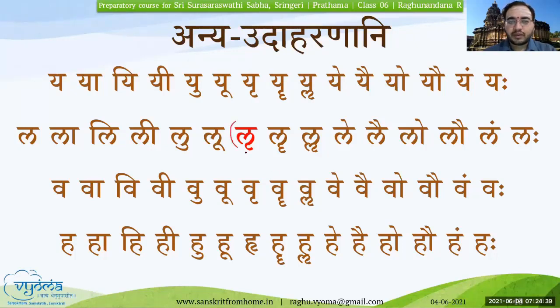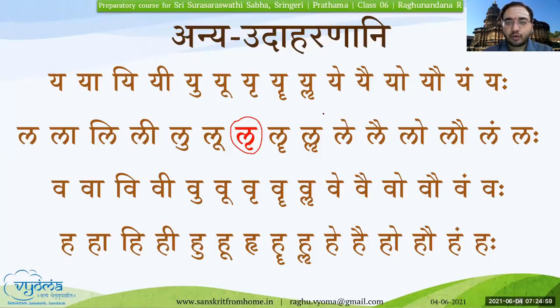This letter I have highlighted again. If you remember from our previous classes on the Varnamala, I had shown the difference between L, which is basically a Gunitaksharam, and L, which is a Swara. If you notice closely, the strokes are different for both of these.